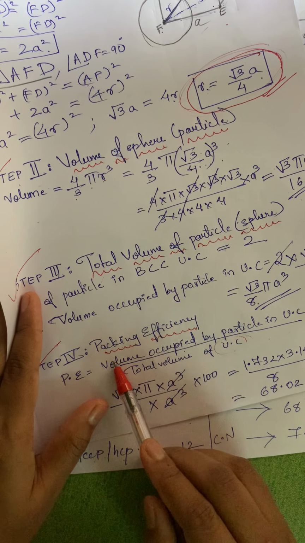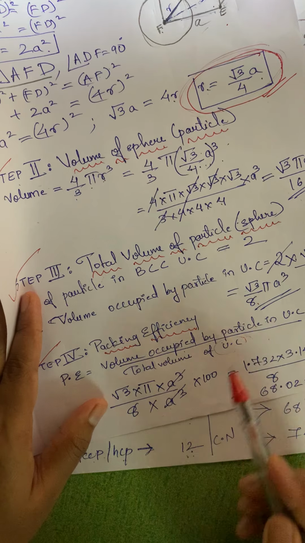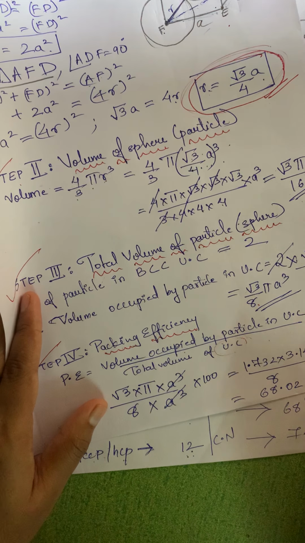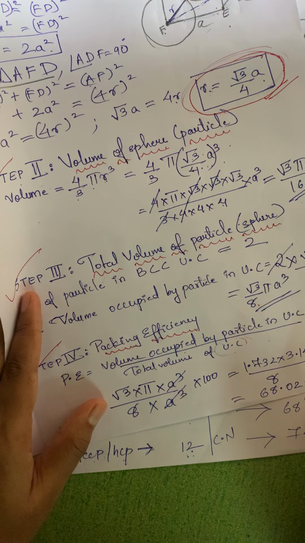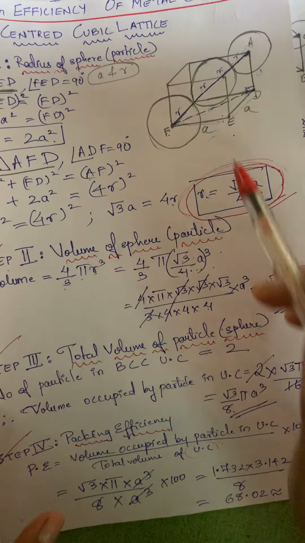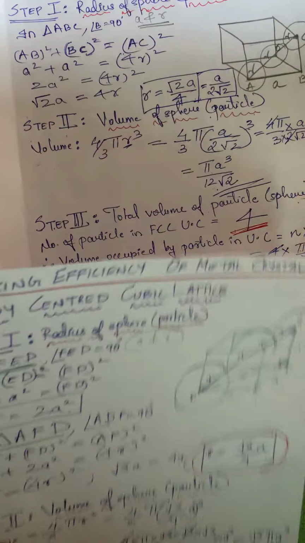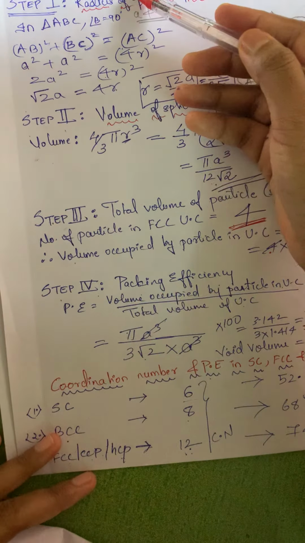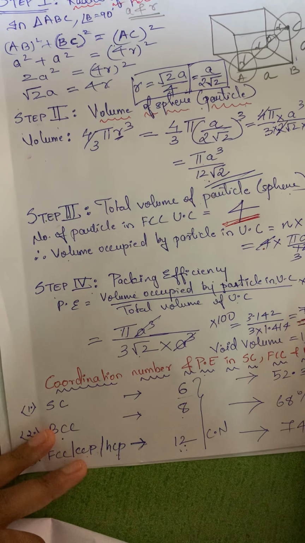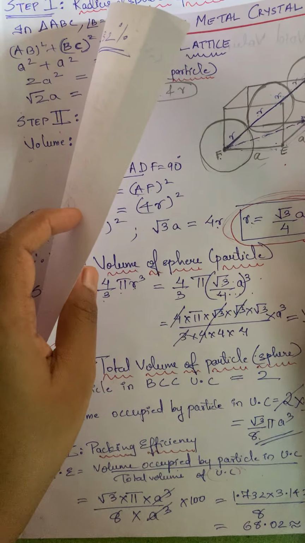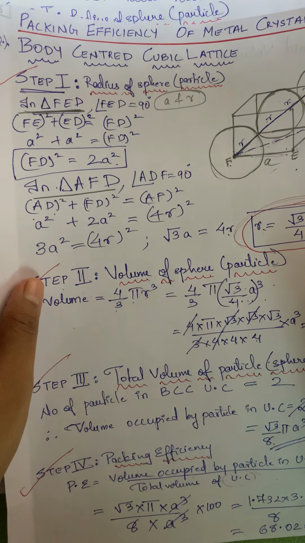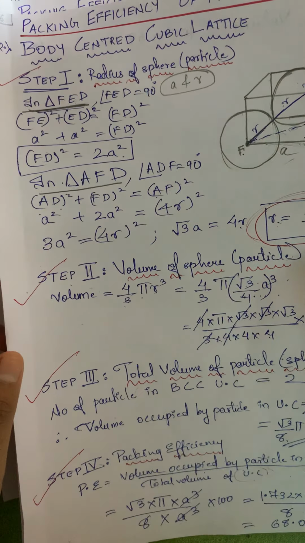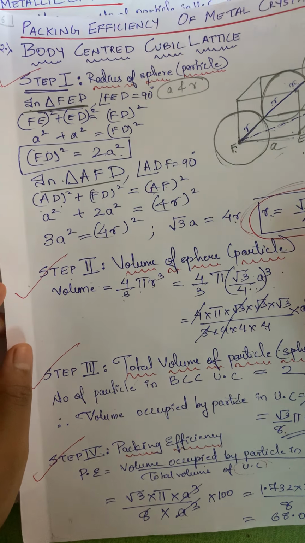Only this value you have to substitute, and that value will be 68% in case of body centered cubic crystal. In case of face centered cubic crystal, it was 74%. Therefore, we can say that FCC is the more efficiently packed crystal.